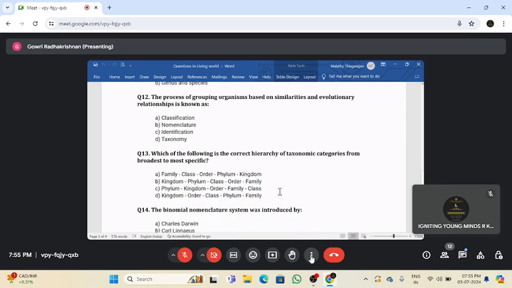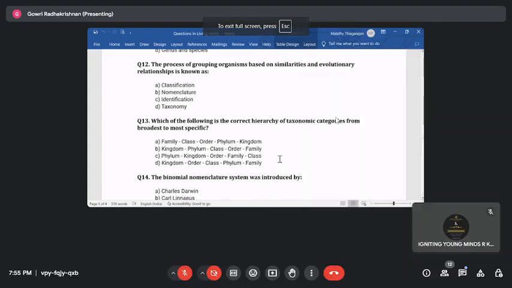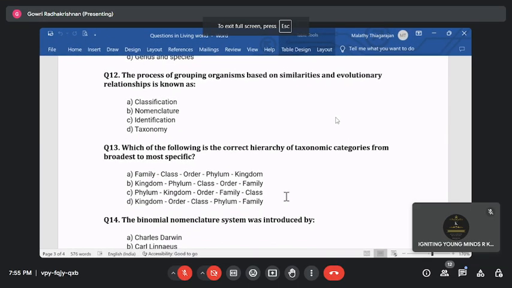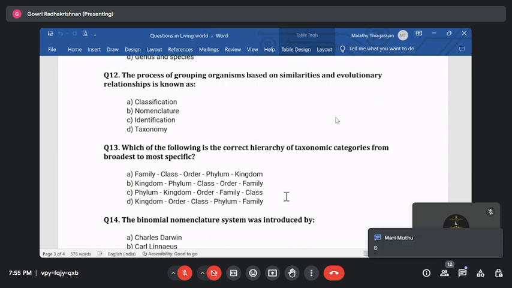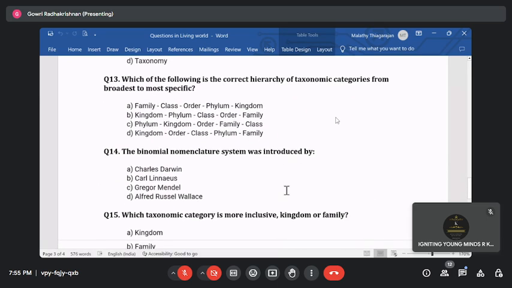All right. The process of grouping organisms based on similarities and evolutionary relationships is known as? Taxonomy, ma'am. Yes, taxonomy. Which of the following is a correct hierarchy of taxonomic categories from broadest to most specific? Option B: kingdom, phylum, class, order, family.